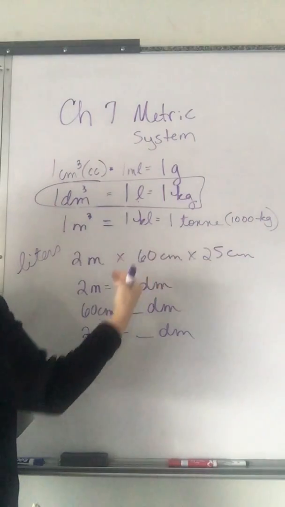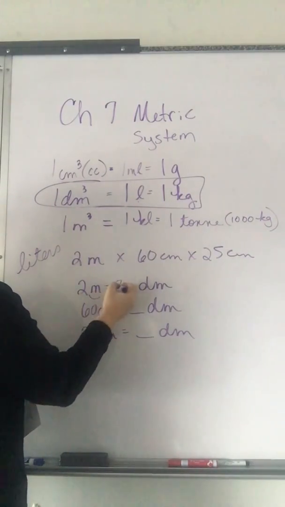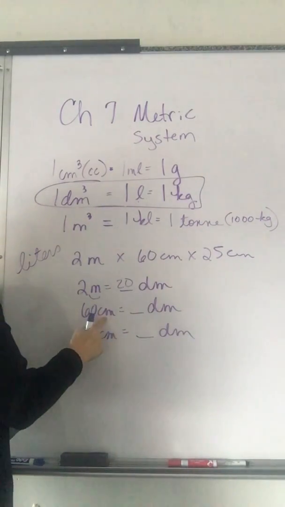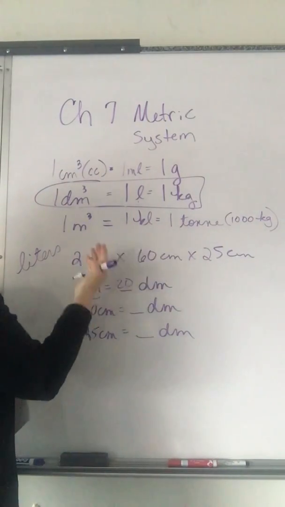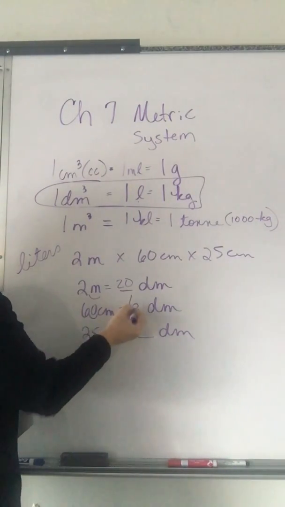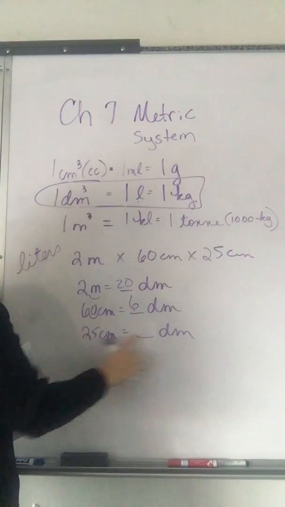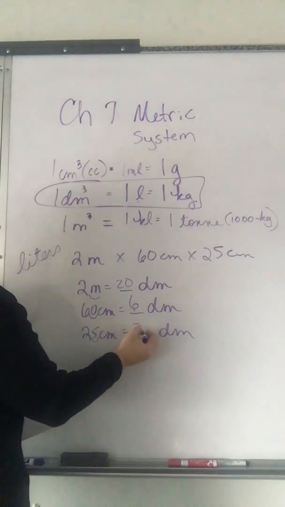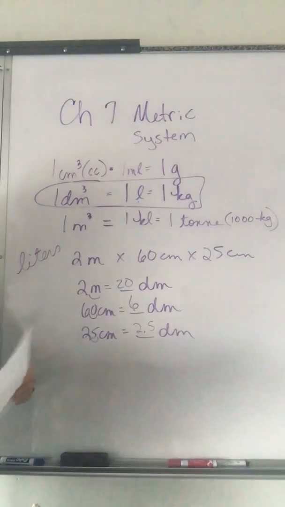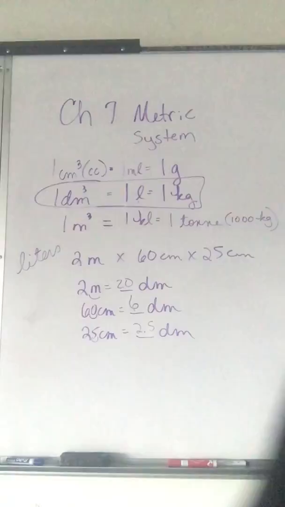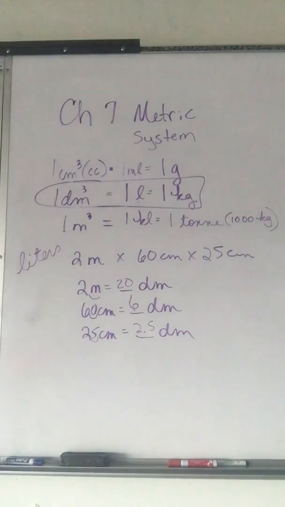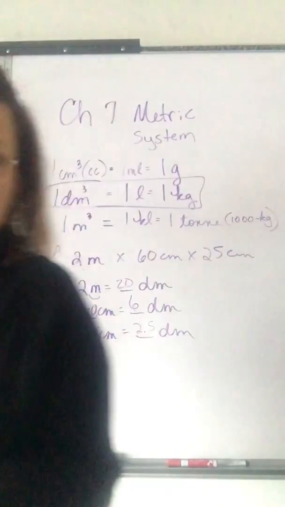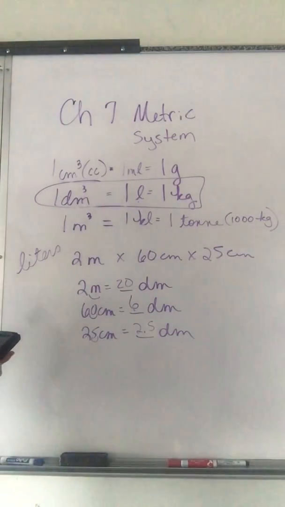So deci is 1 below meter, so 1 right makes that 20. To get from centi to deci, that's up the scale a place, so it makes that 6. From centi to deci, again, same thing there, 1 place left, 2.5. Then we multiply that together, and that'll come out in decimeter times decimeter times decimeter, which we said is cubic decimeter.